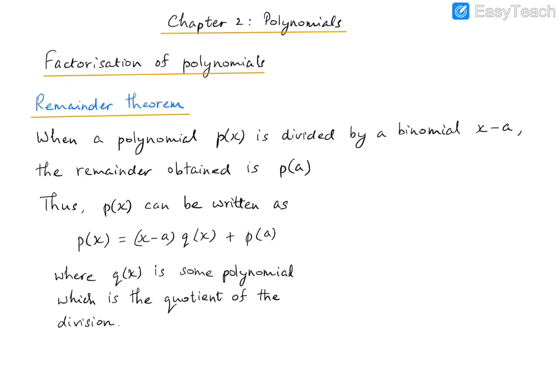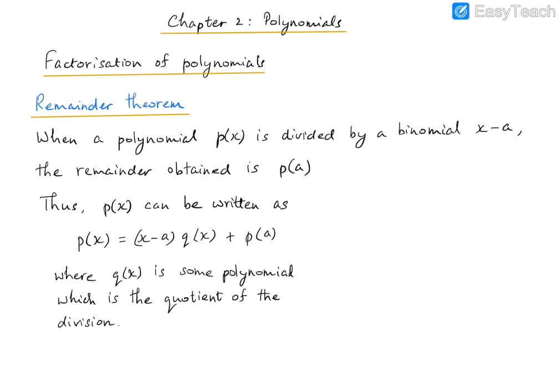In this video, we will be continuing our discussion of the chapter of polynomials, and we will be covering the topic of factorization of polynomials. So first, let us try to understand what we mean by factorization.